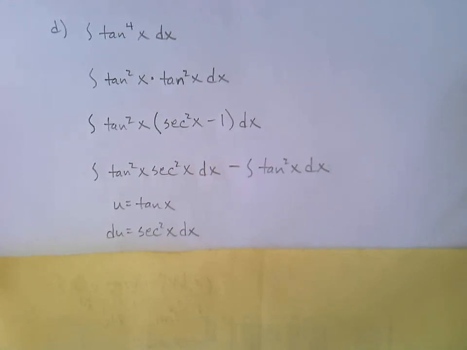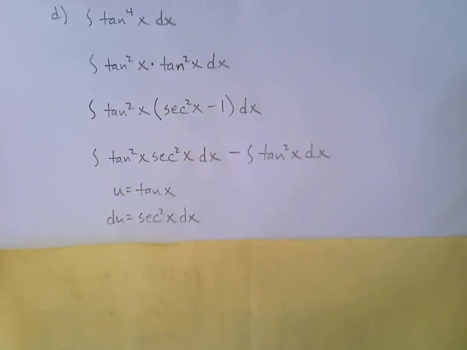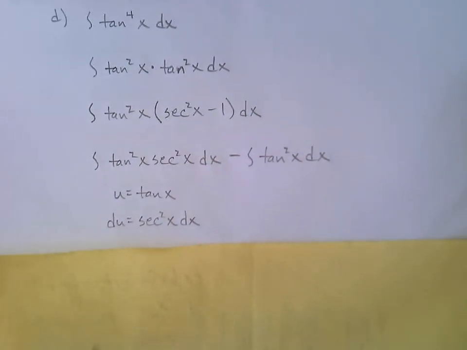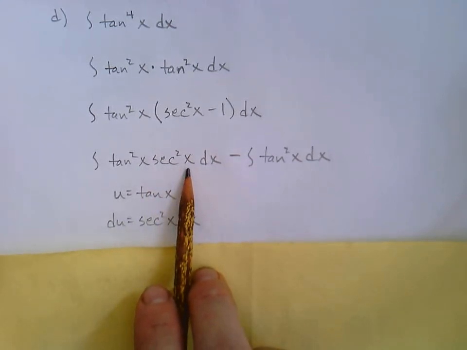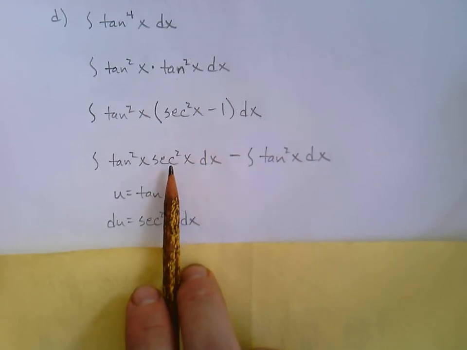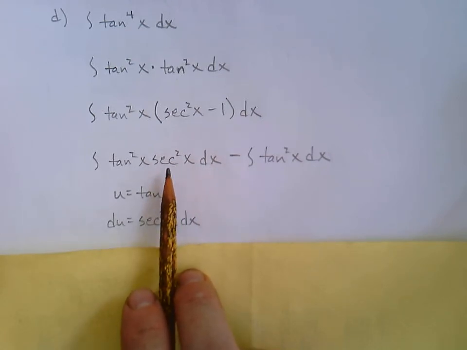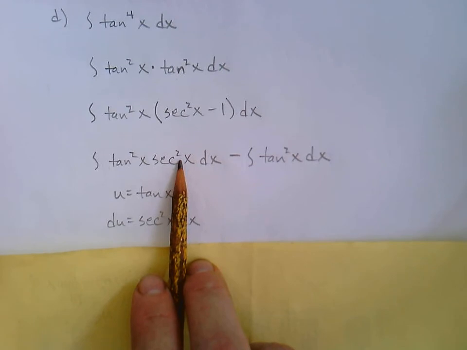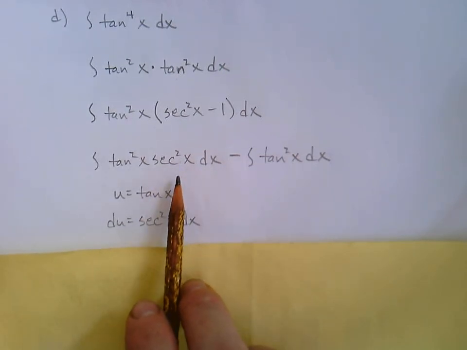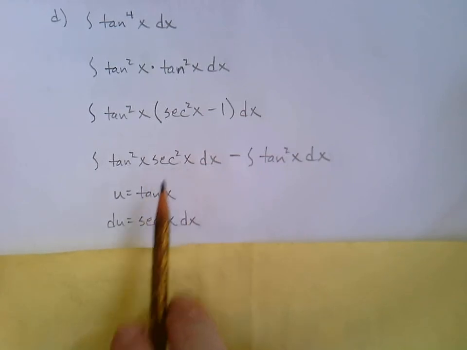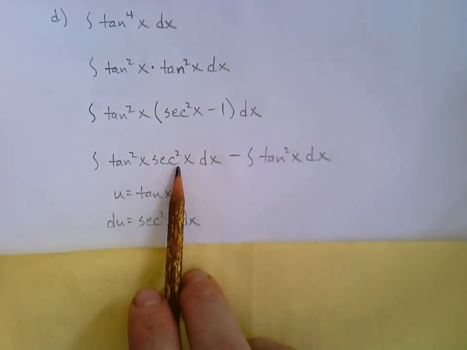Oh, what just happened? I did not see this coming. We've got the even power of secant, and so you would think, oh, okay, I see what's going on. Since it's only a second power of secant, the directions say separate secant squared. Well, we don't need to separate it because it was already good to go.